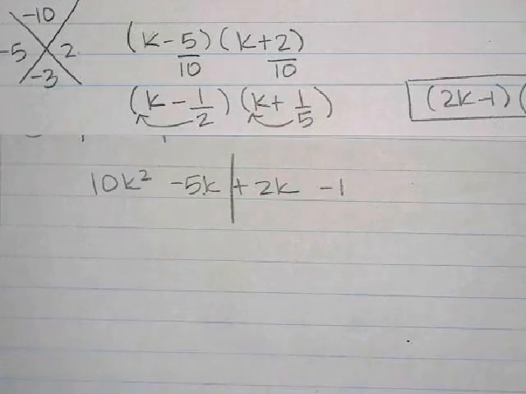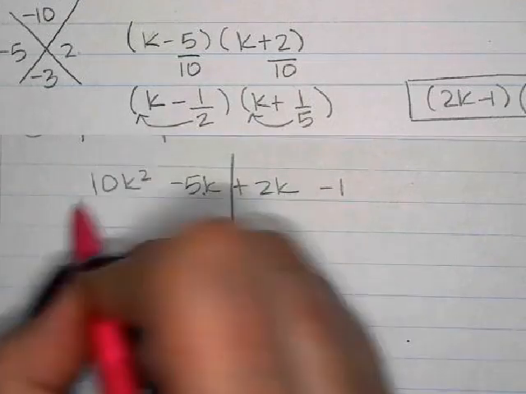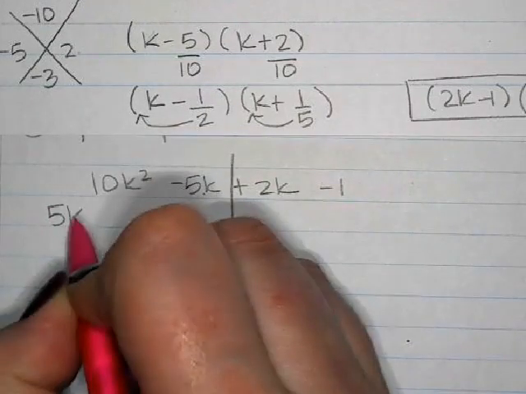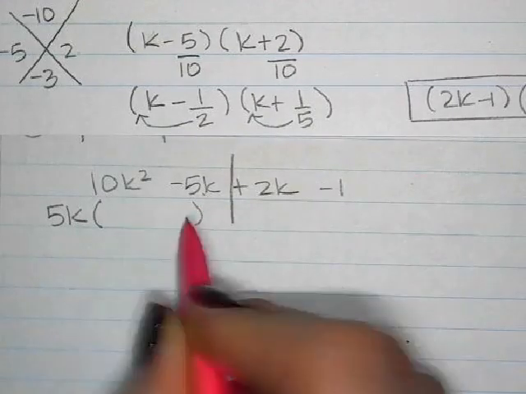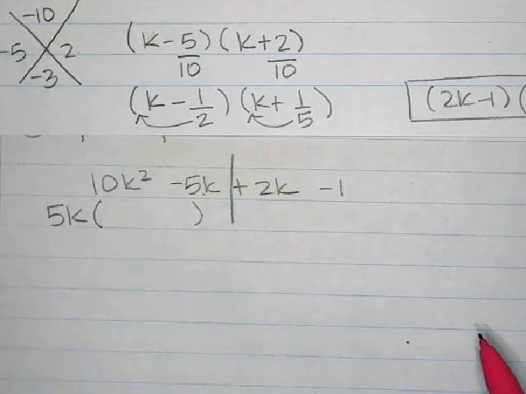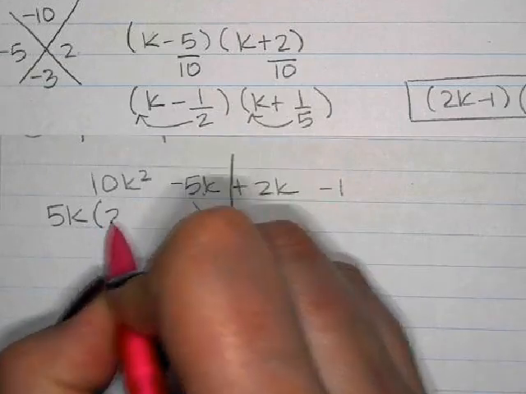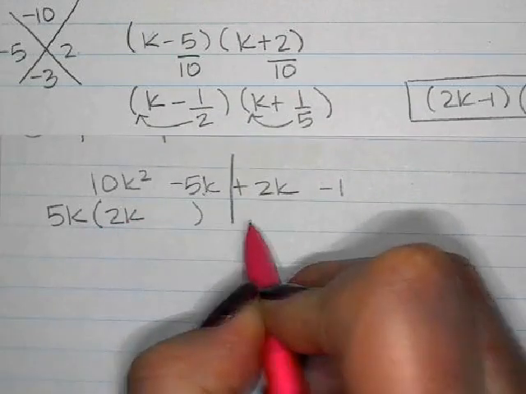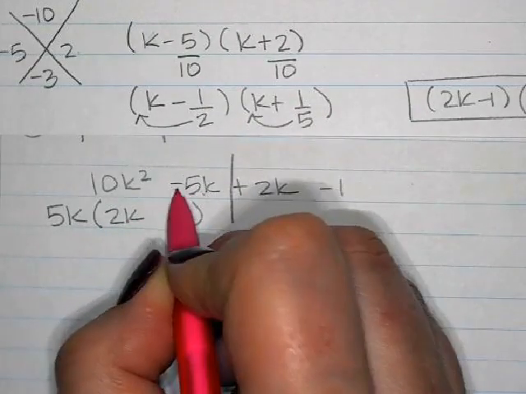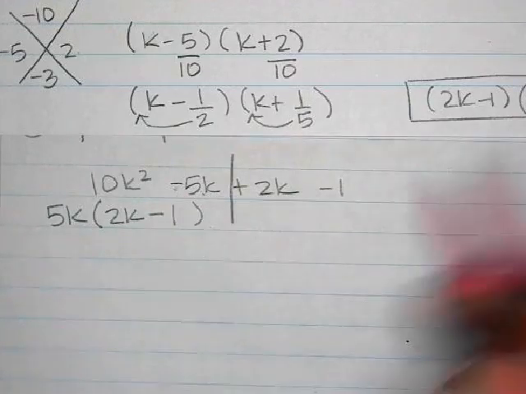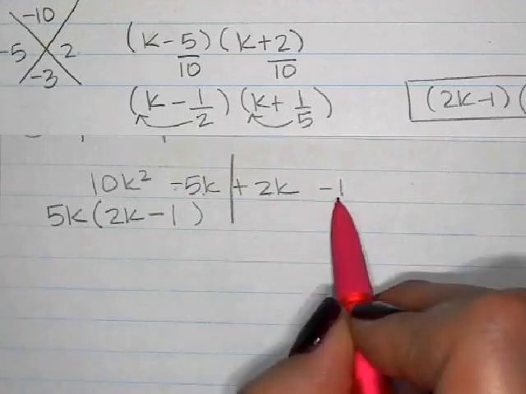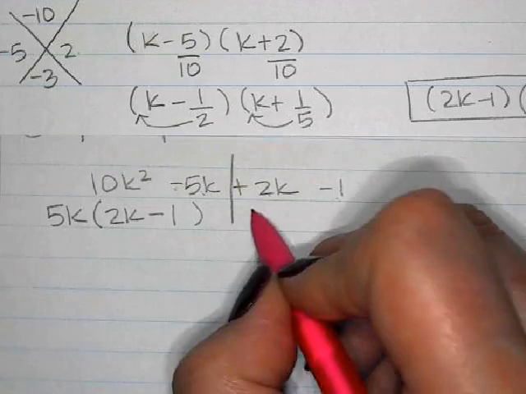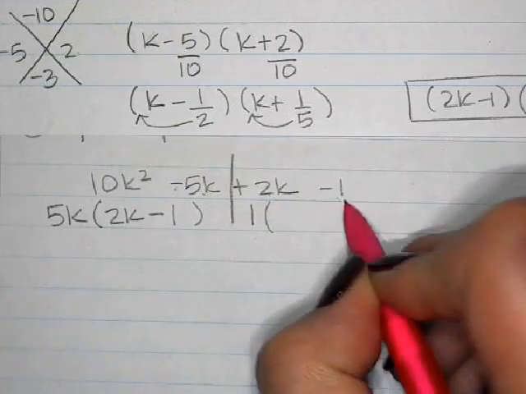And what else? K. And then we would write the leftovers. What are the leftovers? 2k. 1. And it's a negative 1, right? Because there's a negative right here, so minus 1. Over here, there's nothing in common between these 2 pieces. So we would say, okay, the GCF would be 1. And then the whole thing would be left over.